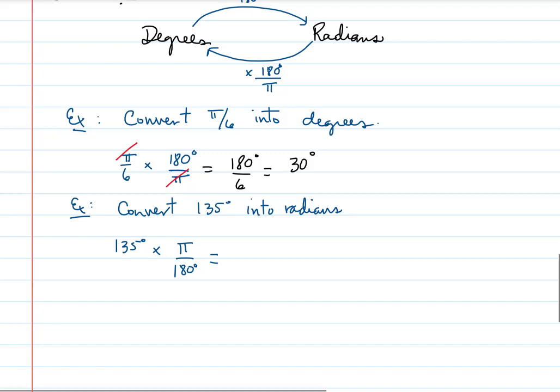So I'll just simplify this as much as I can. 45 actually happens to go into 135 3 times and goes into 180 4 times. So this comes out to be 3 pi over 4 radians, and we don't have to write the word radians there.